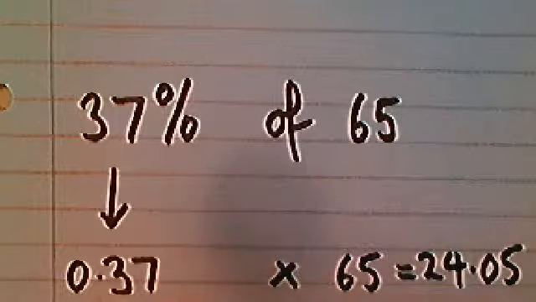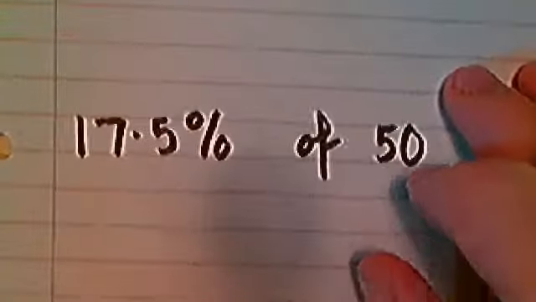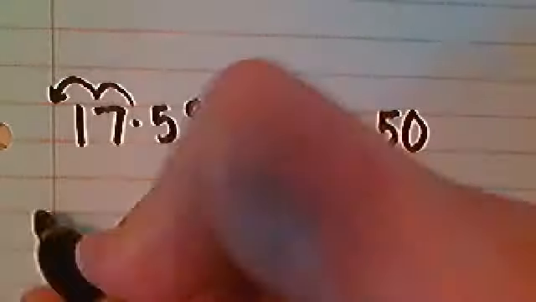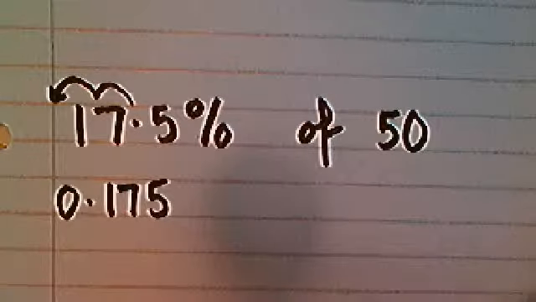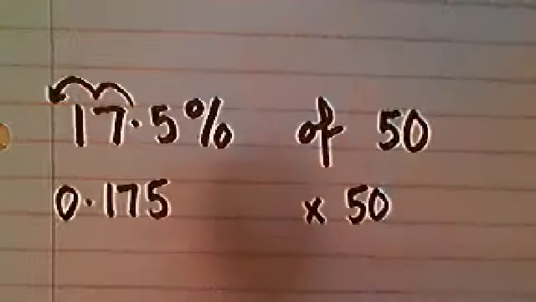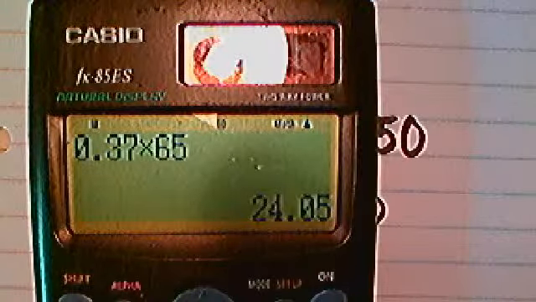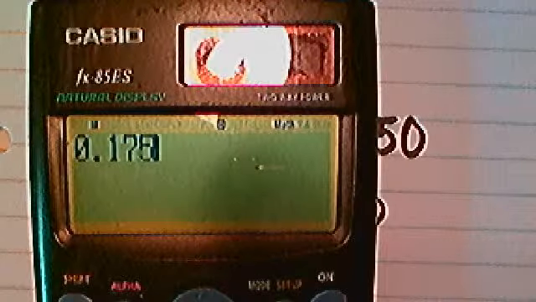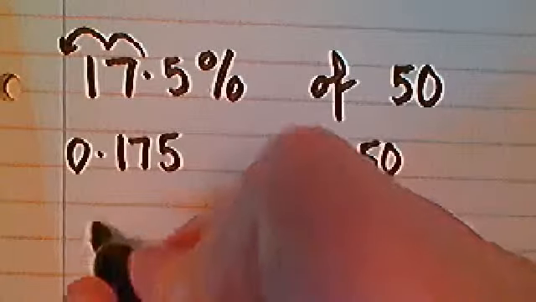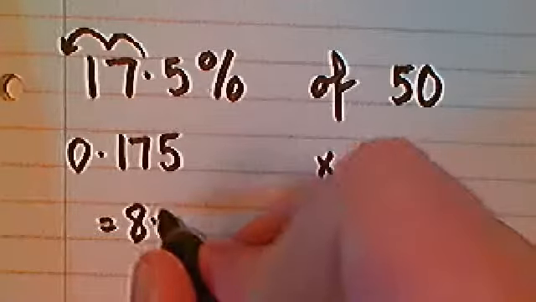What you just do is you move the decimal point over twice, so you'll end up getting 0.175. And you just do the same as before, and you multiply that by 50, which should equal 8.75. So that was your answer, 8.75.